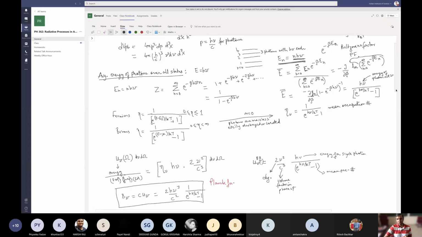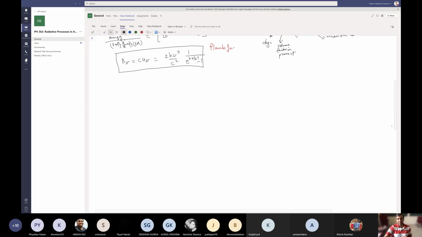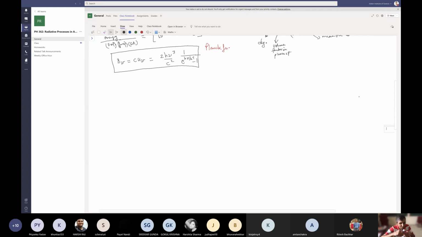This is how, for the first time, Planck, in order to get the experimentally observed distribution of photon energy from a black body, invented quantum mechanics. This is the first time he introduces this constant h, which we now call the Planck constant.